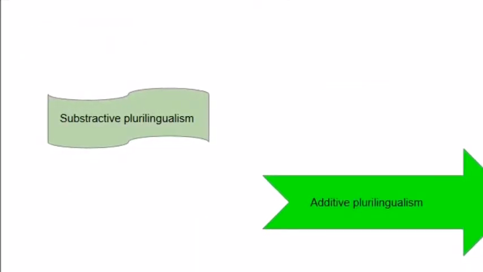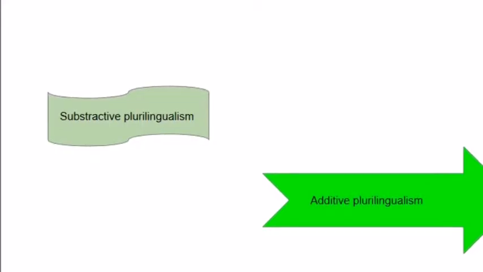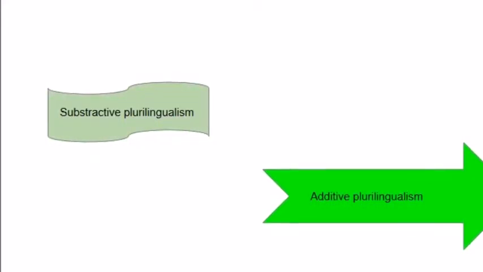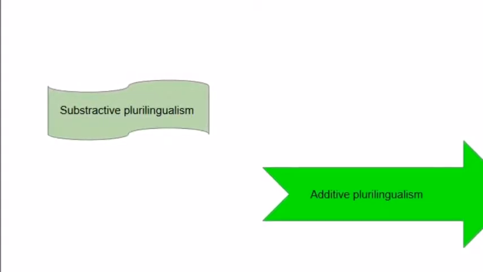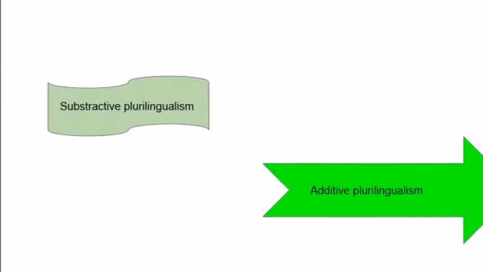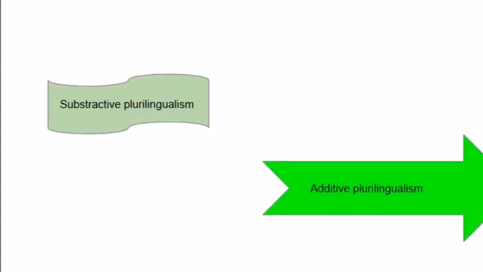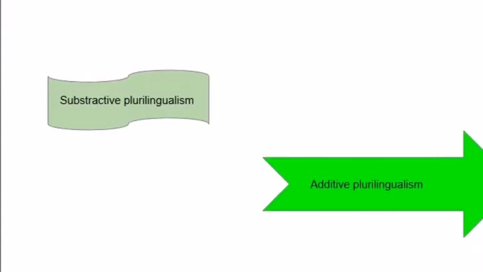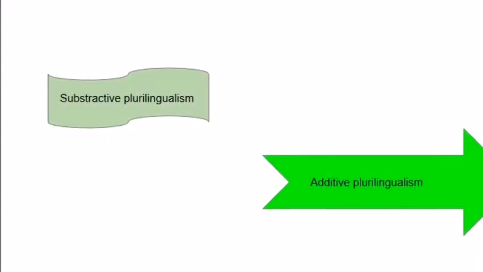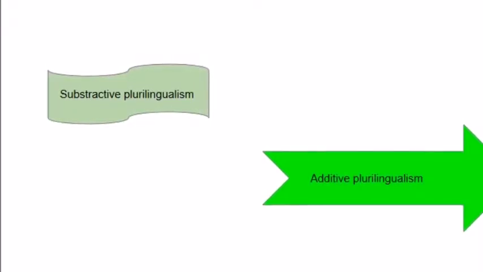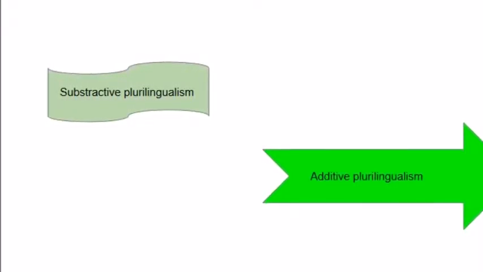According to Lambert, 1979, depending on the type of speakers we want our students to become, there are two factors that we must consider: the context and the speaker. For instance, if in a context where a minority language exists, the majority language acts as a brake on the growth of the minority, this could be a subtracted plurilingualism.